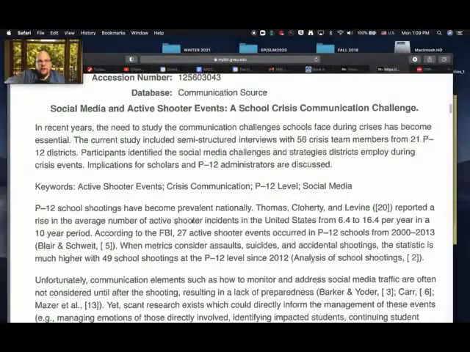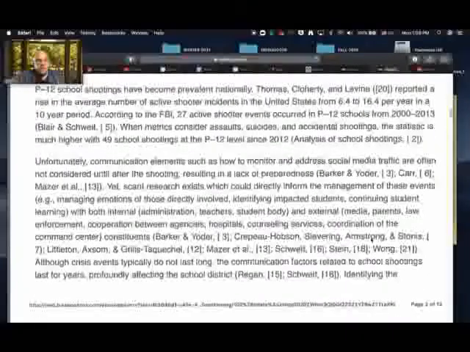So in the opening paragraph, you can probably get a lot of what they're looking for here. So preschool through 12th grade school shootings are very prevalent. They report that this number is up. When all these things are considered, assaults, suicide, and accidental shootings, it's really just a bad situation. And so what they're doing here is justifying why they need to do this study. The problem is real, so let's do it.